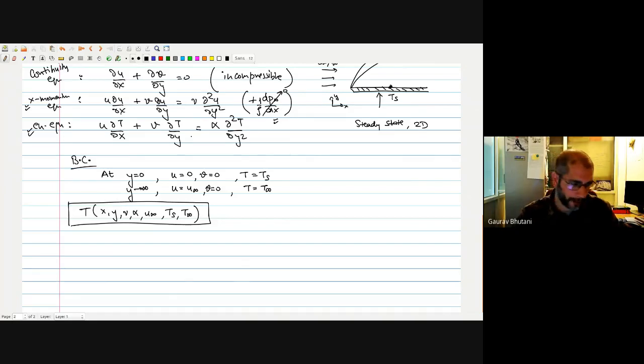So for that, we'll define these parameters. x star, which is a non-dimensional length, is given as x upon L. So L in this case can be considered the length of the plate. Similarly, you can non-dimensionalize the y coordinate with L as well.